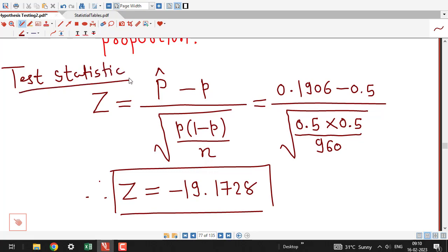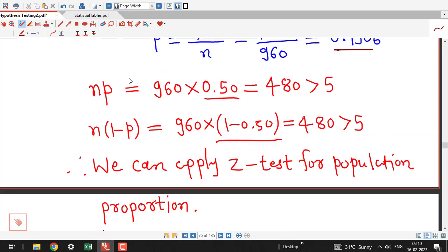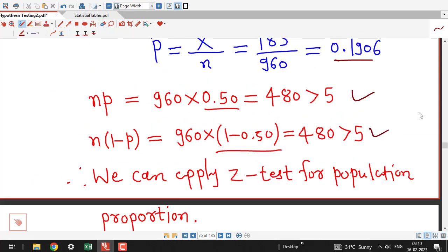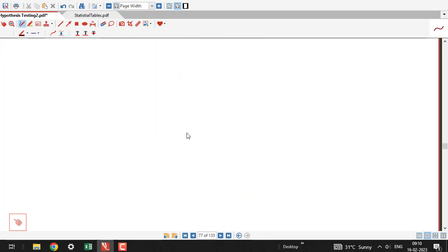Now next step is to decide the critical values, and here we know that if these two conditions are satisfied, then this random variable capital Z is a standard normal random variable. Therefore the graph of this is a bell shape curve.